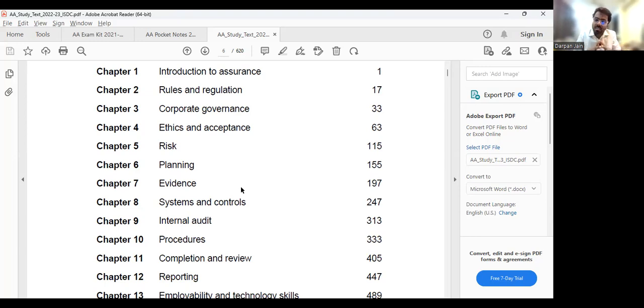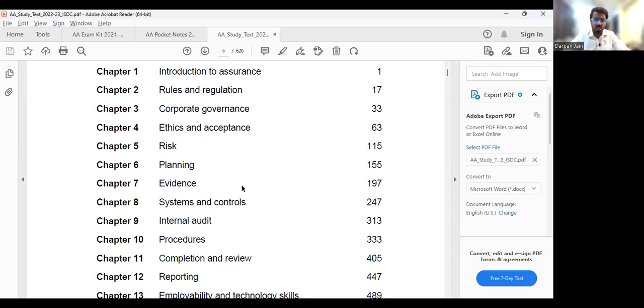But if you remember something that we've already done, the evidence chapter, and if you listen to the introduction of the procedures chapter very carefully, the entire chapter can become a little easy for you. But for that, you need to recall what we have done in evidence, and you need to listen to the procedures chapter introduction very carefully.